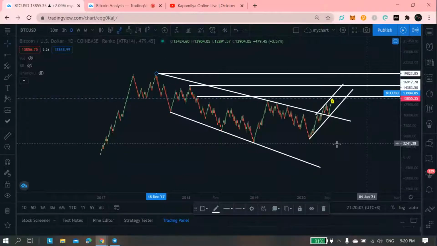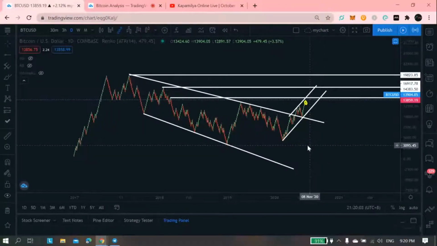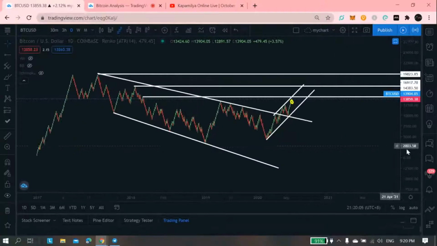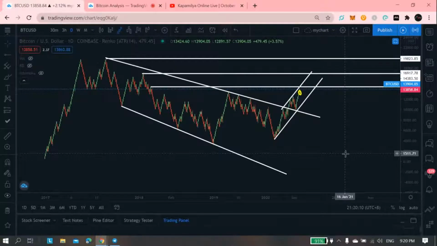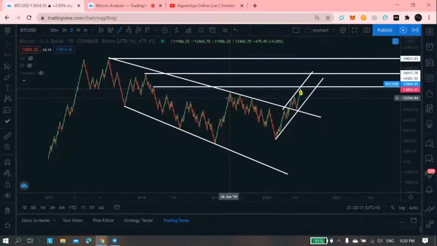Since I'm not seeing any bearish Renko at the moment, I think we'll still hold. However, of course, if the market reverses, we can use the previous Renko bar as support.